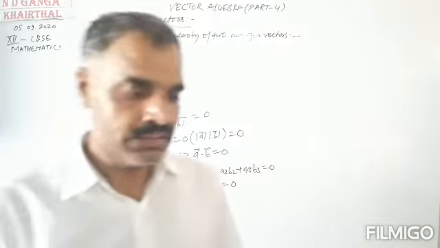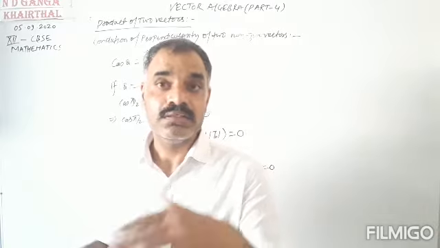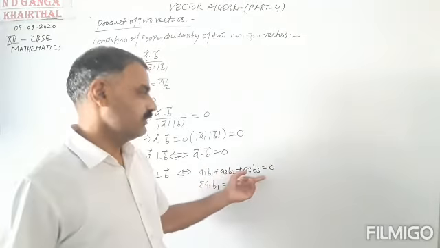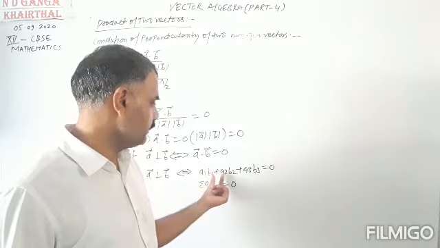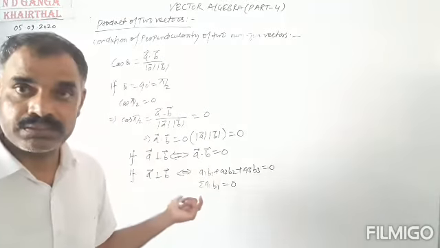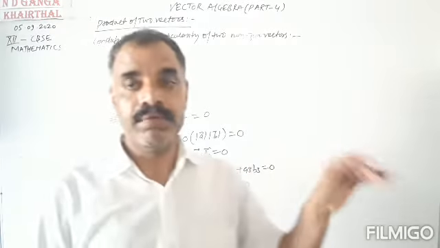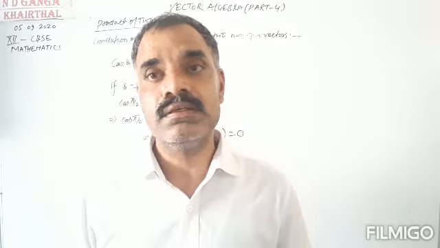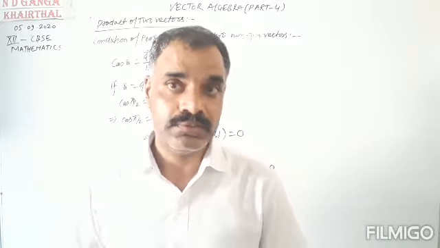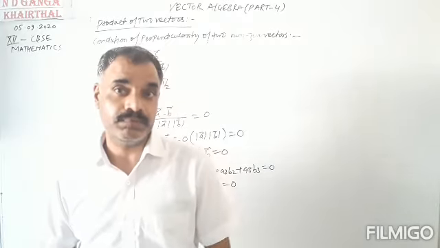This relation is vice versa. Vice versa means if the dot product is equal to 0, that is a1 b1 plus a2 b2 plus a3 b3 equals 0, then both vectors are perpendicular, and if vectors are perpendicular, then this sum of products is equal to 0. So this is the condition of perpendicularity.